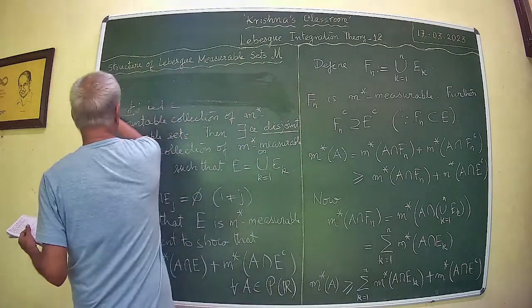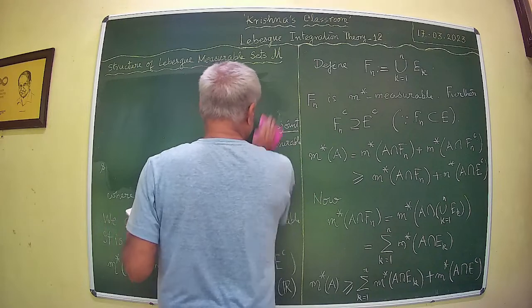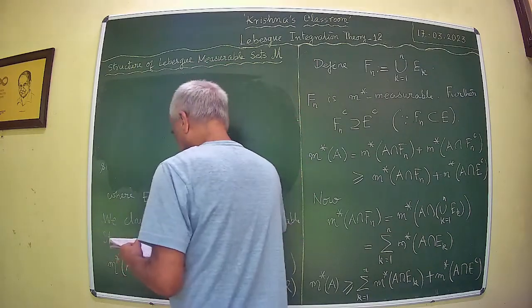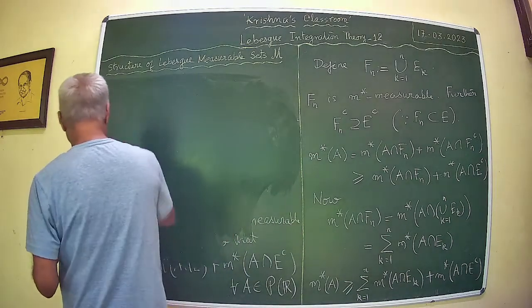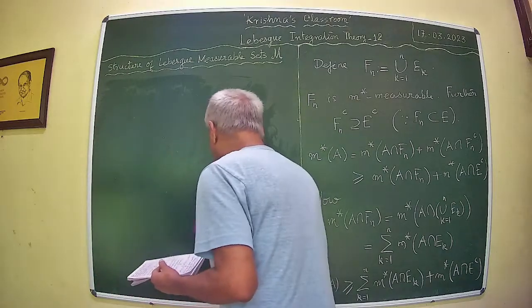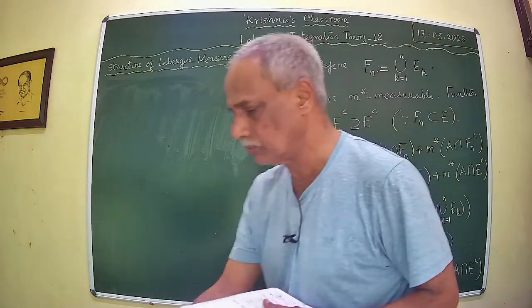Now we use this fact, that the left hand side is independent of n, and therefore this should be valid for every n.